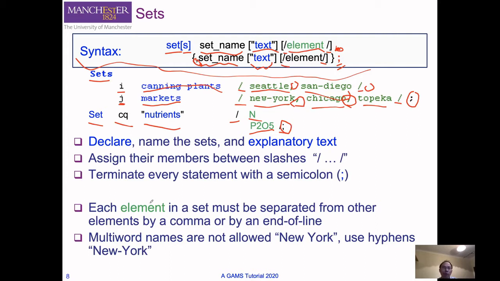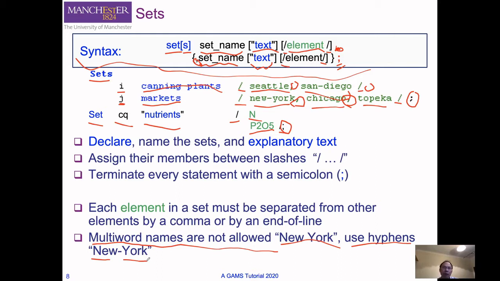Finally, I also want to mention multi-word names are not allowed. For instance, we have New York. We cannot input this multi-word name into GAMS. We should use hyphen between New and York. Otherwise, if you directly input New York, the multiple word name into GAMS, then GAMS will give you error message.